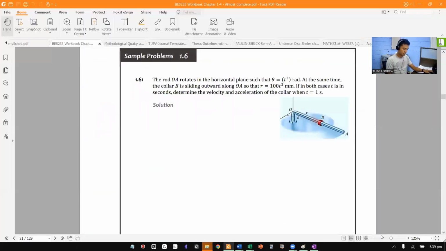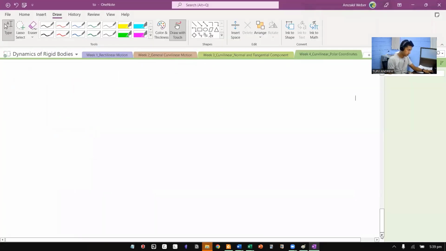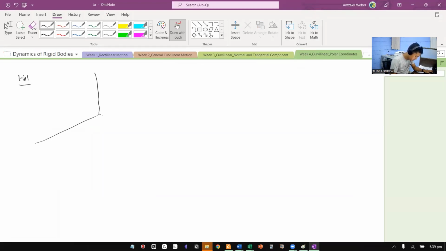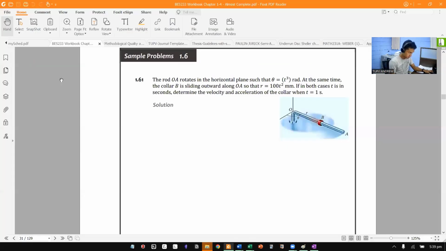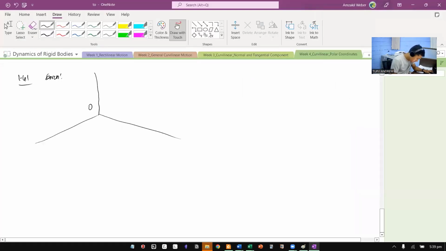This is problem 1.61. Our drawing is part of the given. This is the origin, this is the positive direction of theta, and our collar B is here. It is the radial distance.